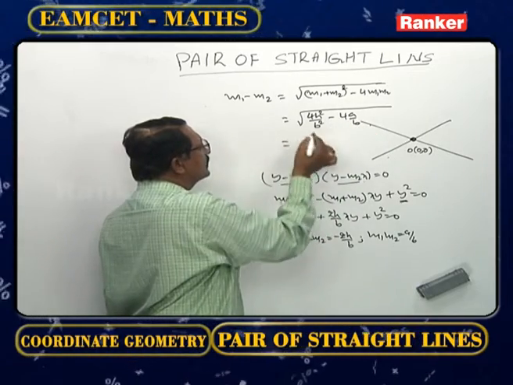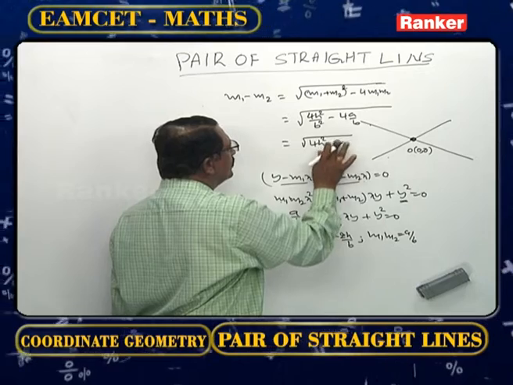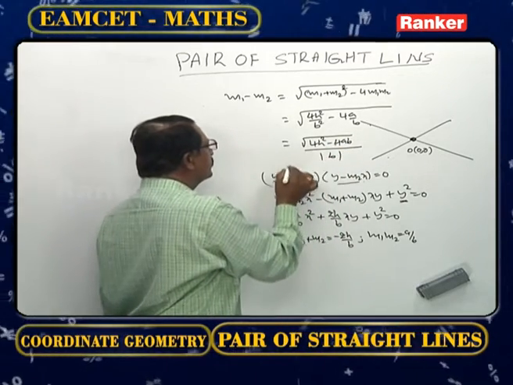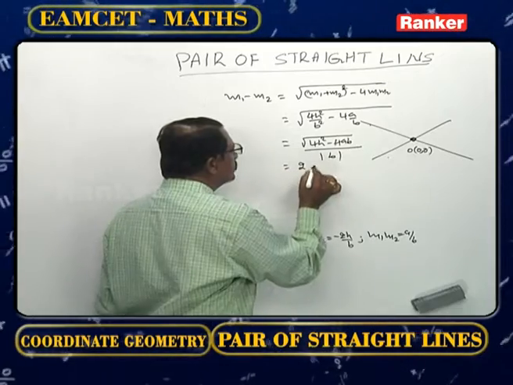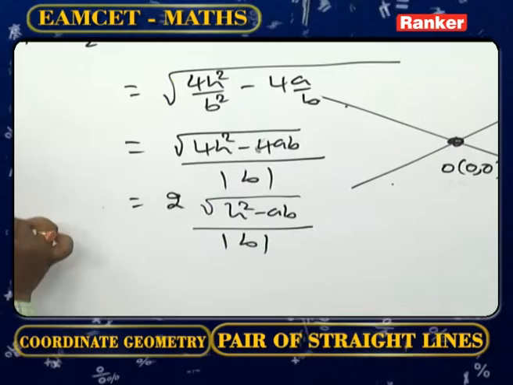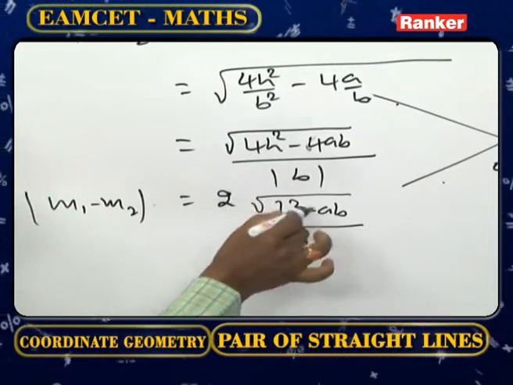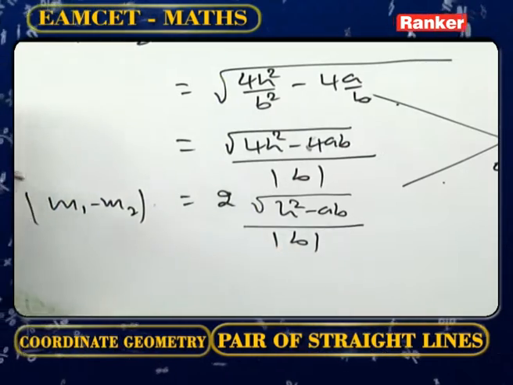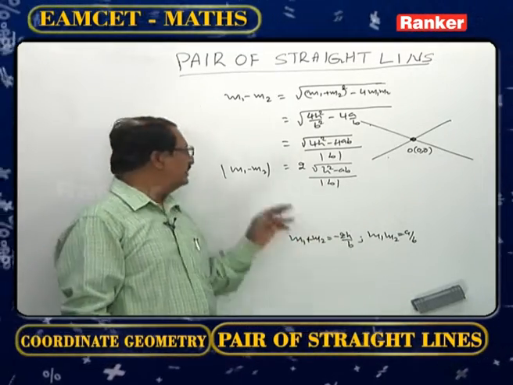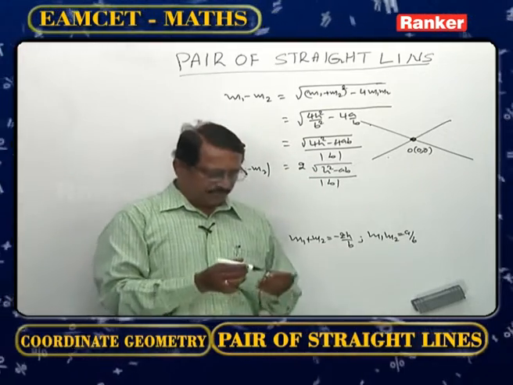Taking LCM, we get square root of 4h square minus 4ab by b, which equals 2 into square root of h square minus ab by b. So the difference of slopes equals 2 into square root of h square minus ab by mod b. To summarize: sum of slopes equals minus 2h by b, product of slopes equals a by b, and difference of slopes equals 2 into square root of h square minus ab by mod b.